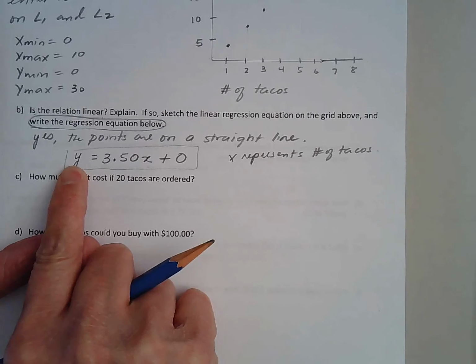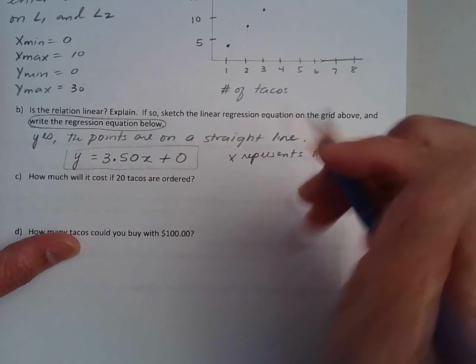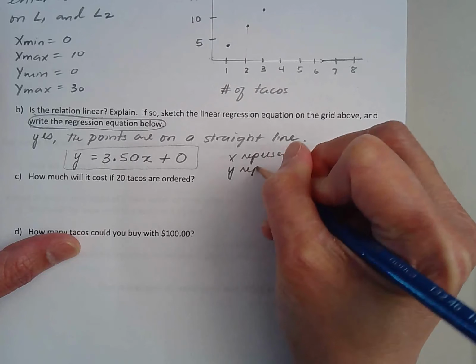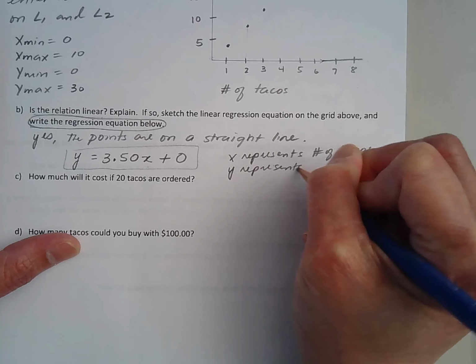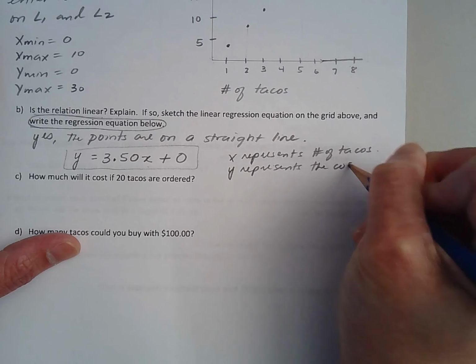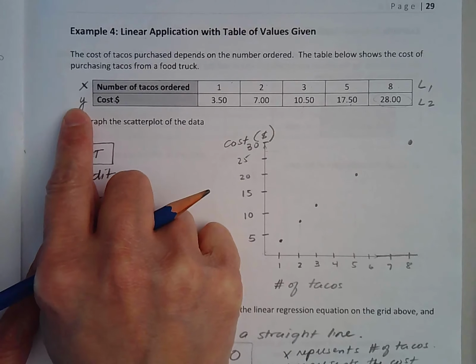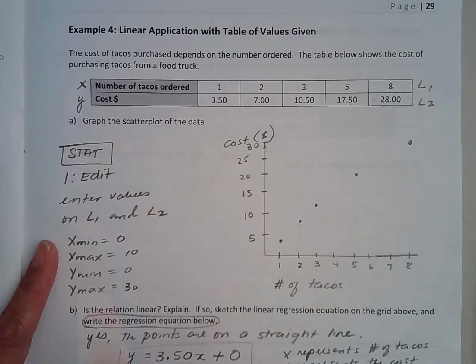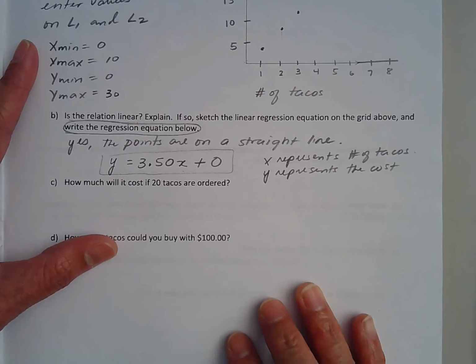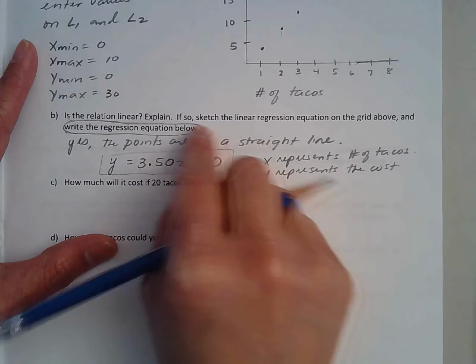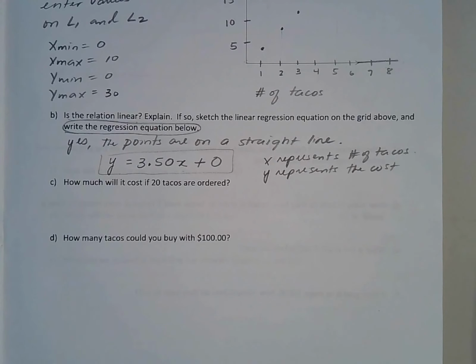What does the y represent? Y represents the cost. So that's the equation that relates the number of tacos that we buy and the cost.